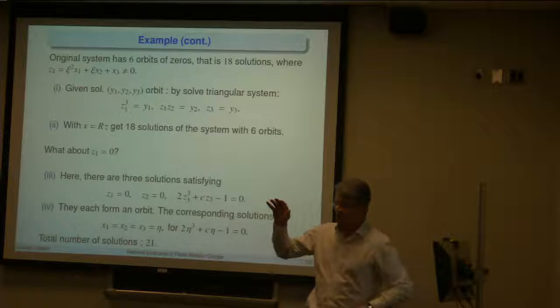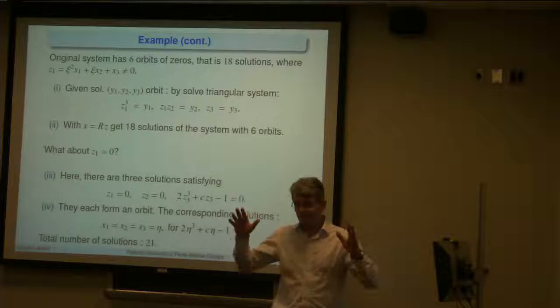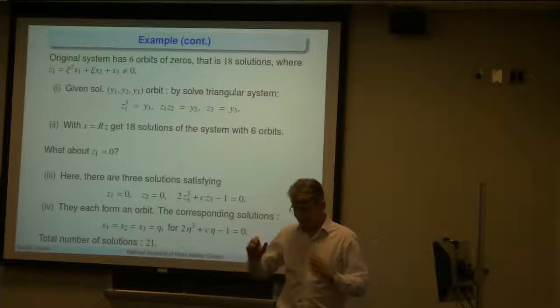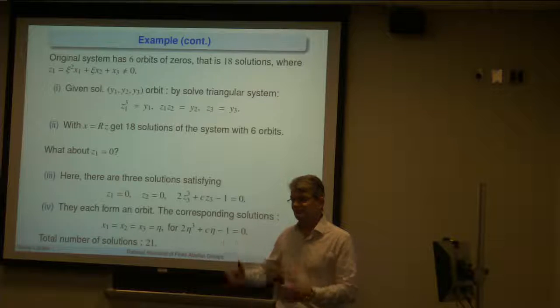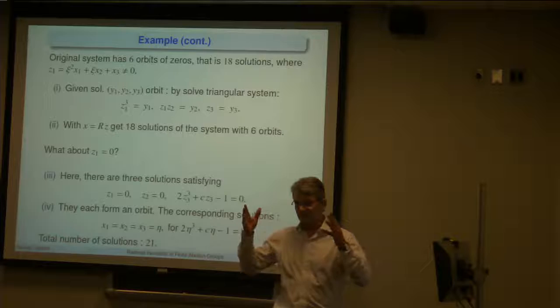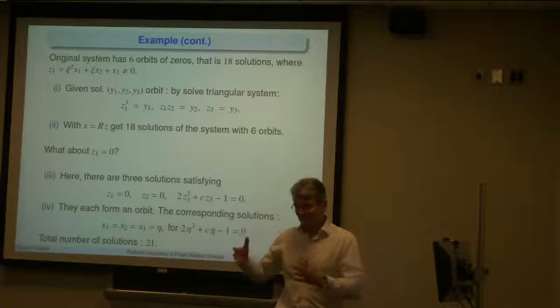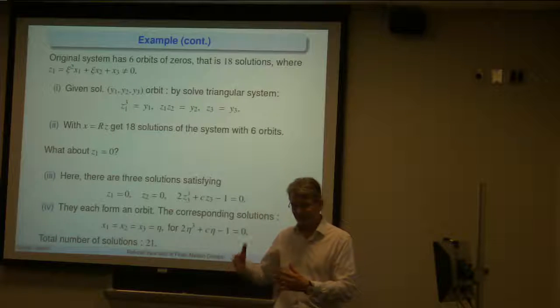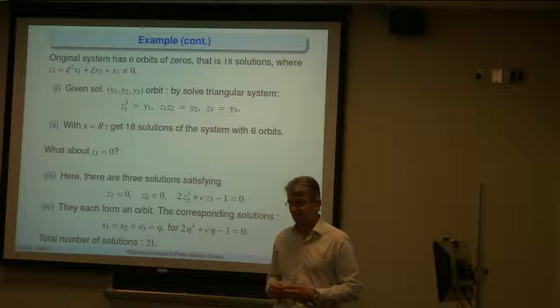But you have to take the point of view that the original system had a certain number of solutions. You put it in terms of invariants. Somehow you have to believe that the system is easier because there's fewer solutions. If you start off with 18 non-zero solutions, and now you're looking at a system with 6 non-zero solutions, that system must be simpler.